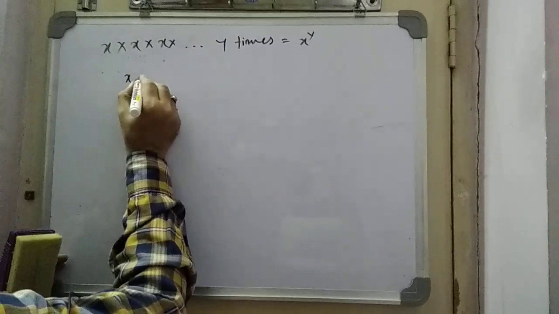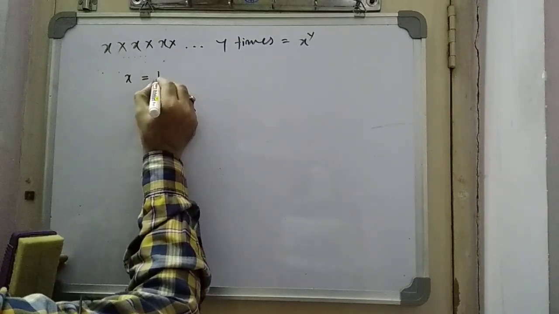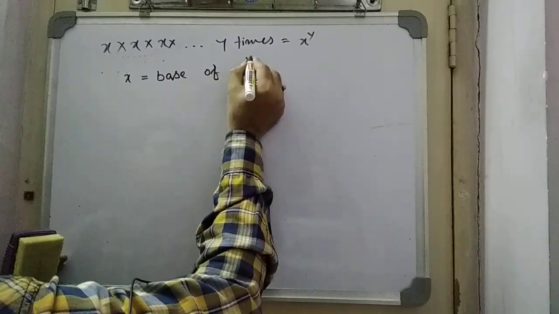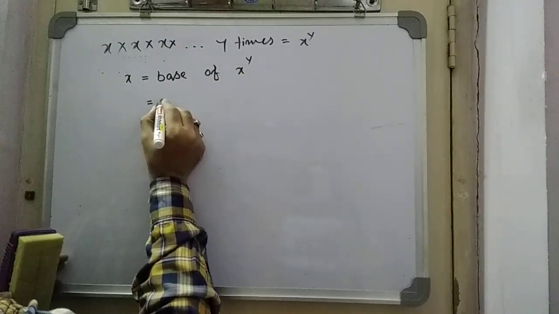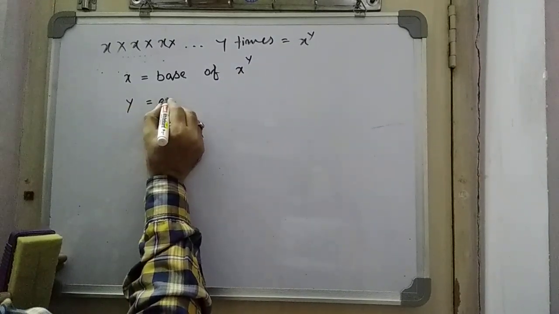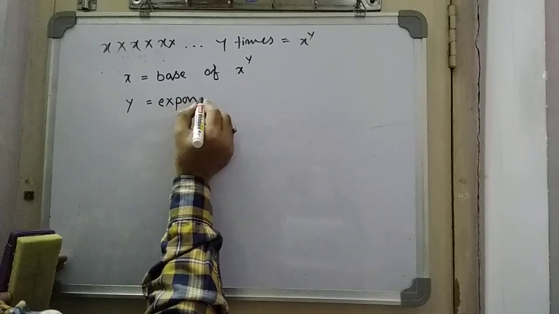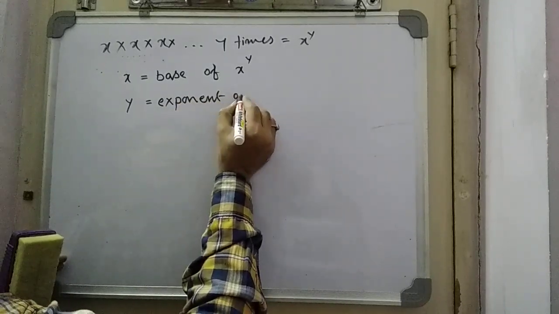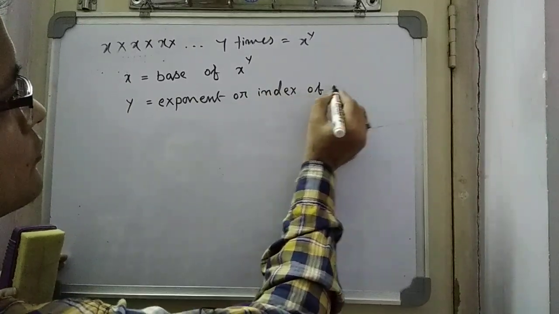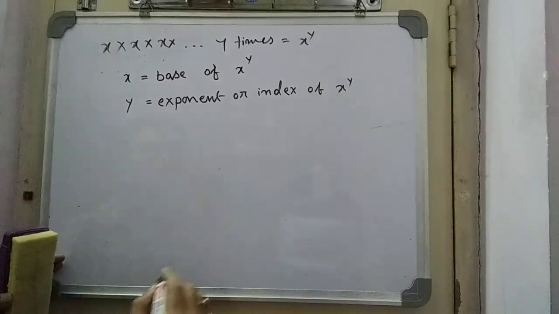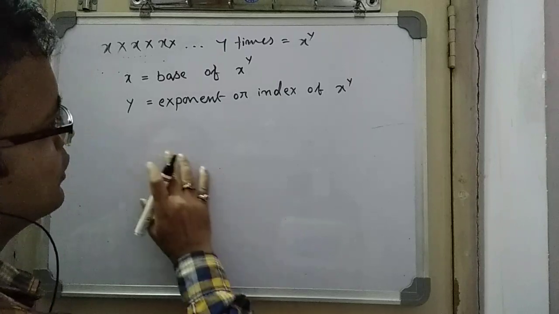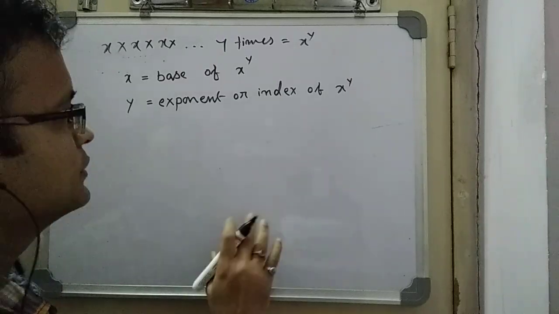Here x is called the base of x to the power y, and y will be called the exponent or index of x to the power y. So these are the two terms that are normally used. Everywhere you will find this.